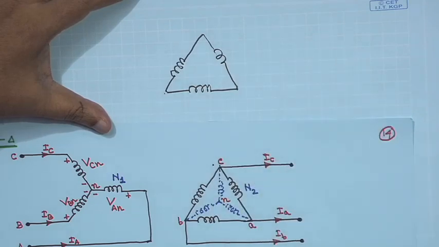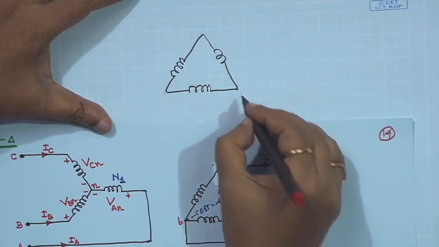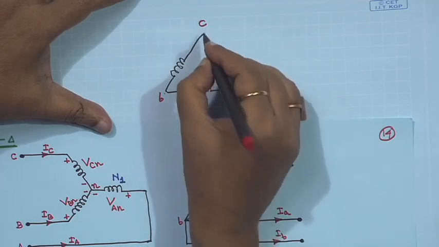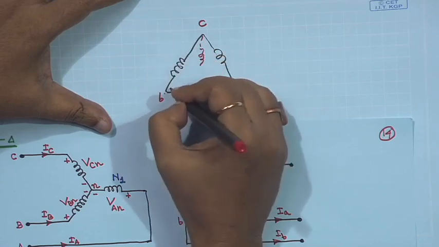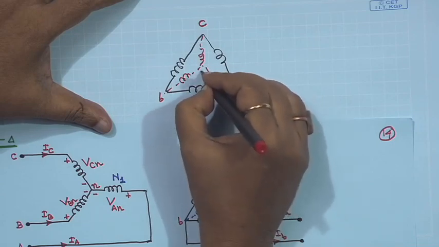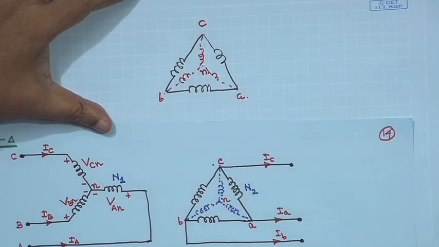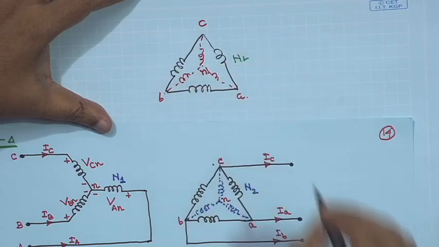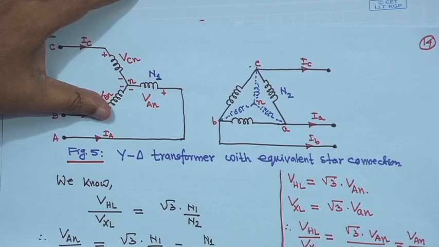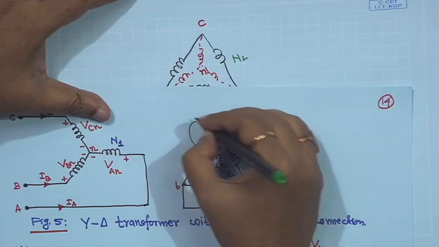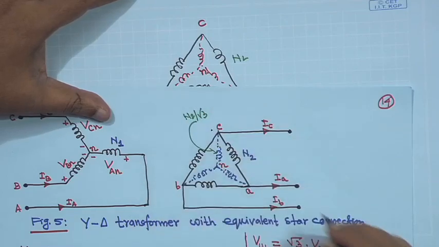This point is A, this is B and this is C, and the equivalent star is like this, and this is the neutral. The turns are N2 in each phase, but as we have taken the ratio with N2 by root 3, it is as if the turns of the equivalent star have become N2 by root 3.